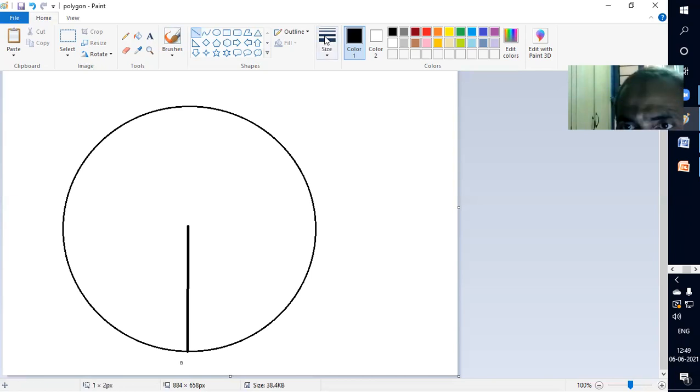And this pendulum is taken here. This is the bob of the pendulum. The bob of the pendulum will go to a different location. And let me remove the remaining part of the figure.